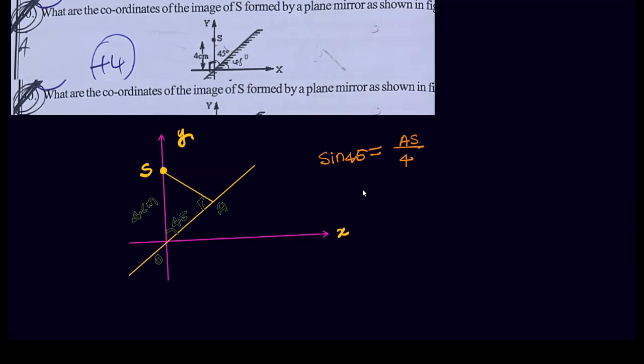So 1 by root 2 equals AS by 4. That means AS will be 4 by root 2, so it will be 2 root 2. So exactly 2 root 2 distance from here, the image will be formed.